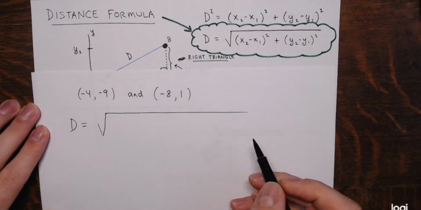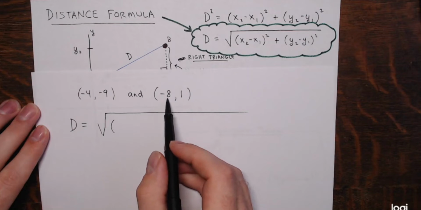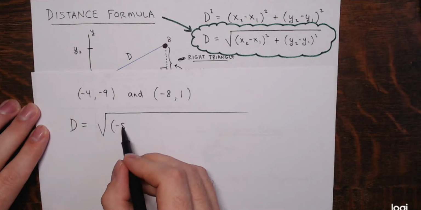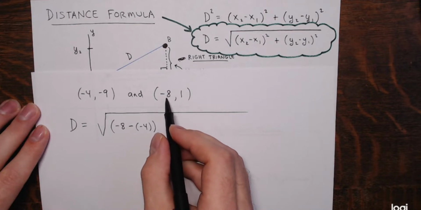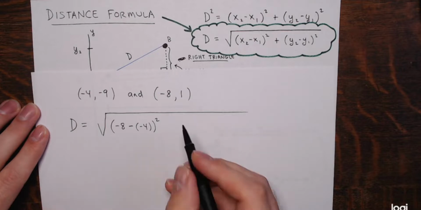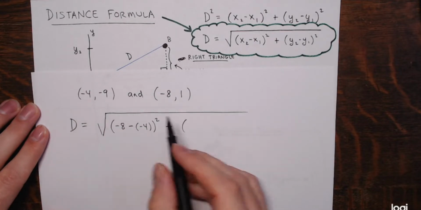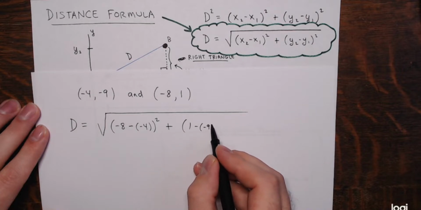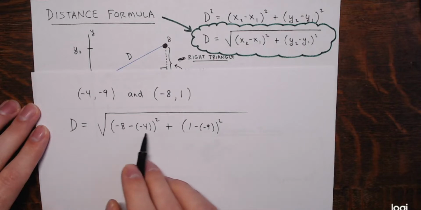And then in the first set of parentheses, you're taking the change in x, negative 8 minus negative 4. The second x-coordinate minus the first one, and then you're going to square that. Plus, and then another set of parentheses, 1 minus negative 9. Right, the change in the y-coordinates, subtract the y-coordinates, and then square that. And make sure all of this is underneath the square root.